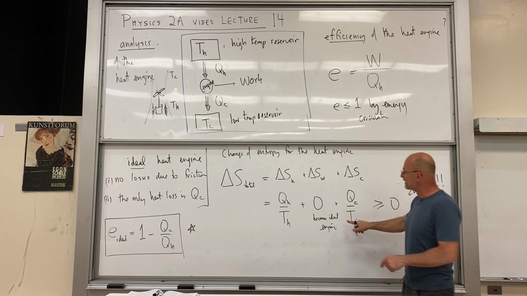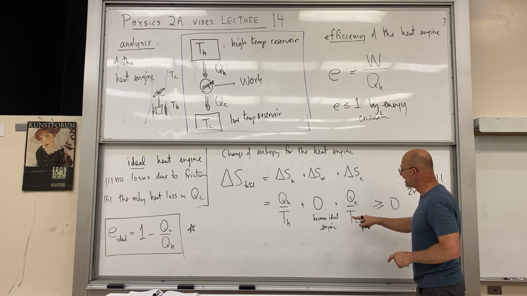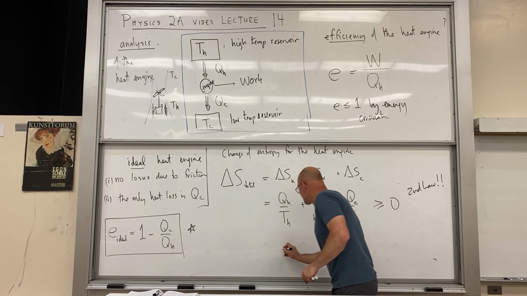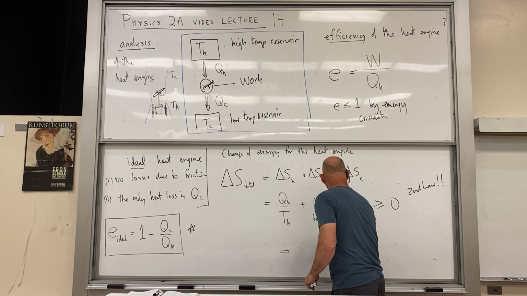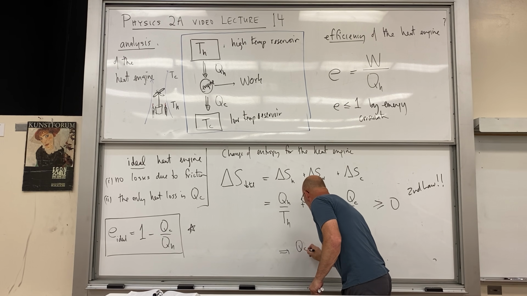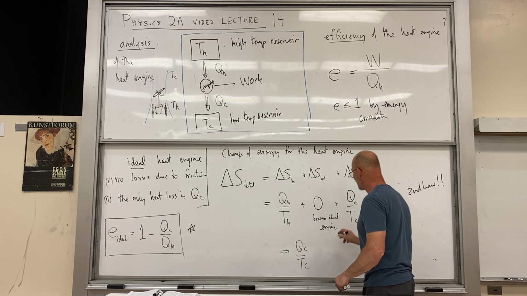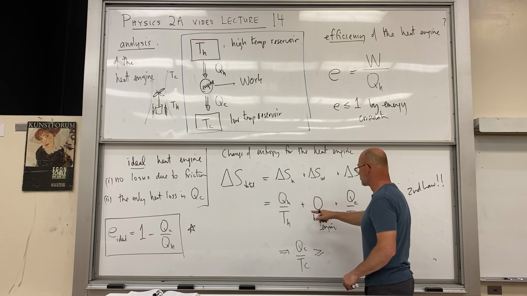So what that means is that I can set up an inequality here. If this right side is greater than or equal to 0, I can say that QC over TC must be greater than or equal to QH over TH.